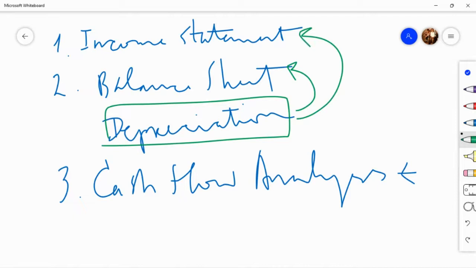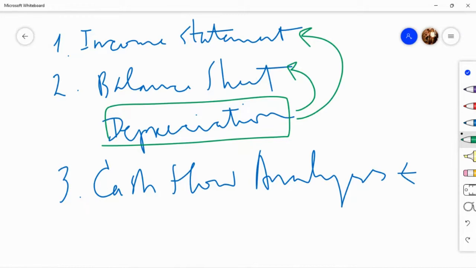I've been telling you over and over, they serve different purposes, so the line items are different. But there are only two things that are common to both the income statement and balance sheet, and those are depreciation and interest.